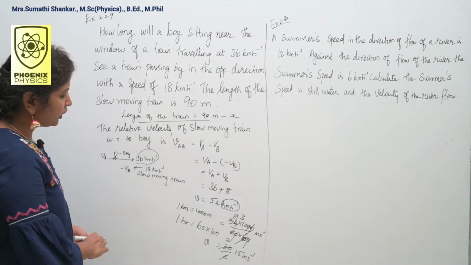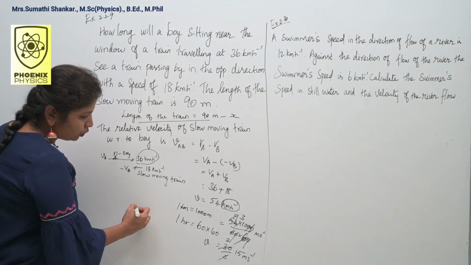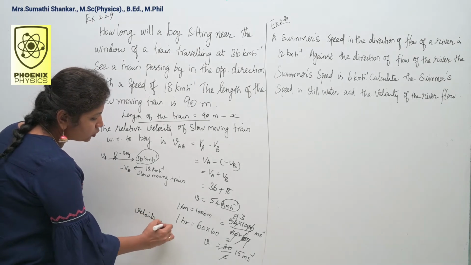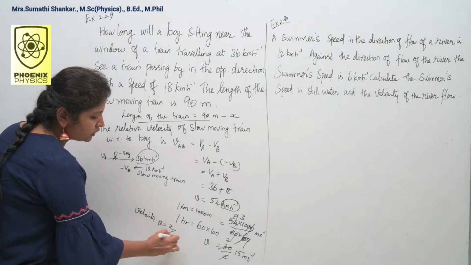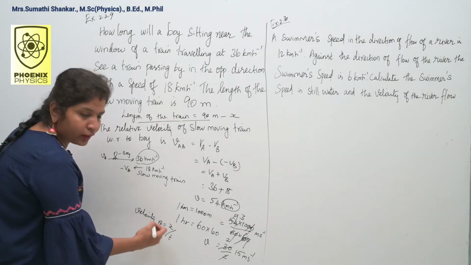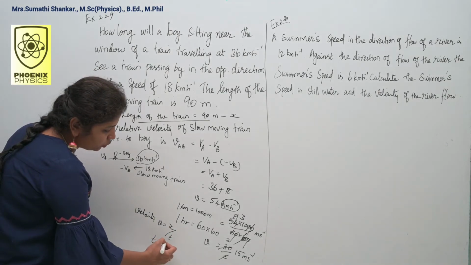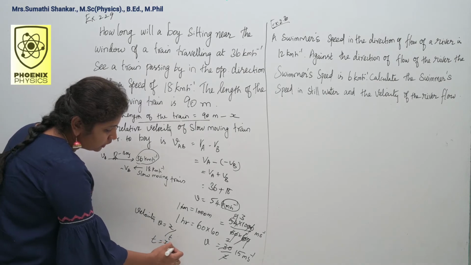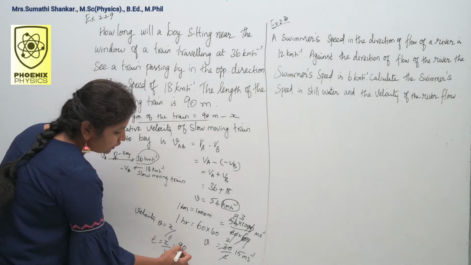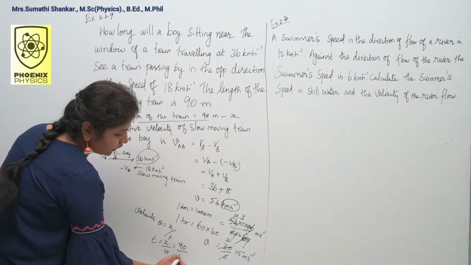Our aim is to find the time. So you know the formula, velocity V is equal to x by t, that is distance divided by time. We are going to calculate only time, so t is equal to x by v. What is x value? 90 divided by v, that is 50.